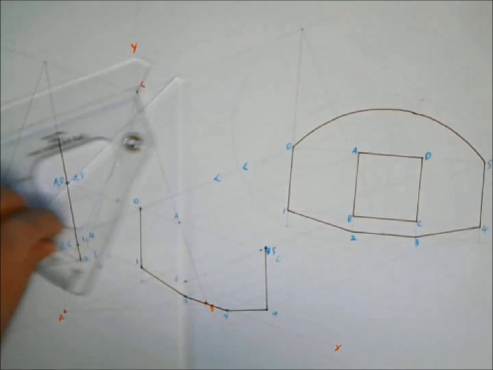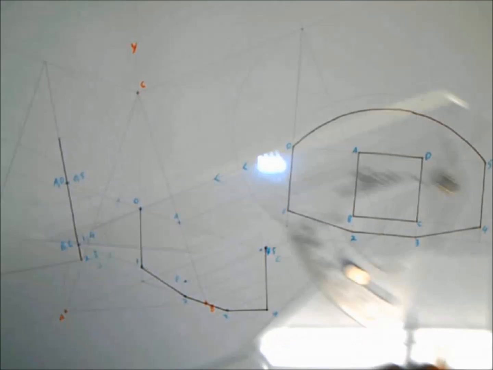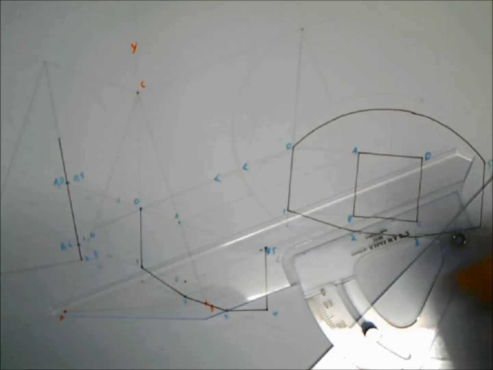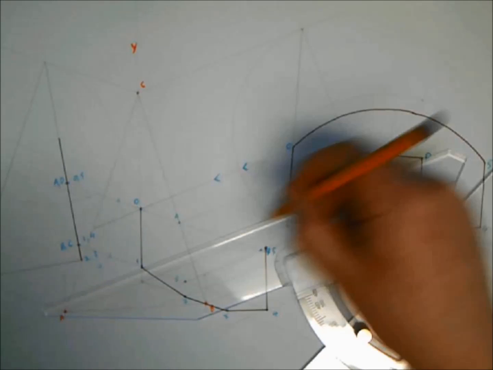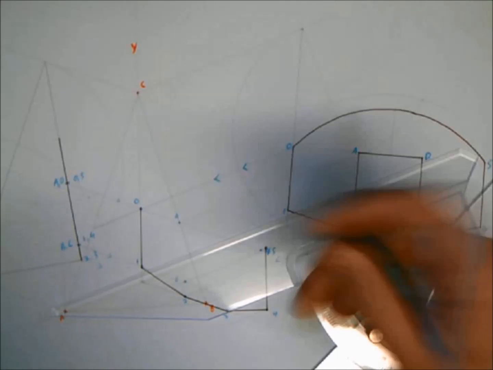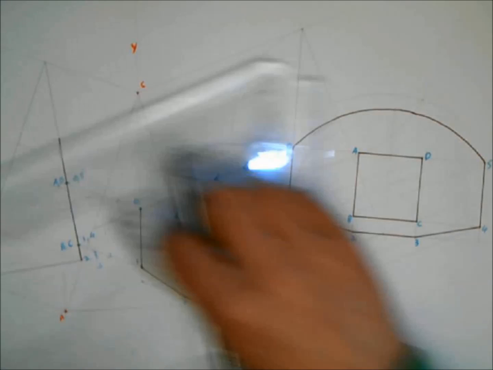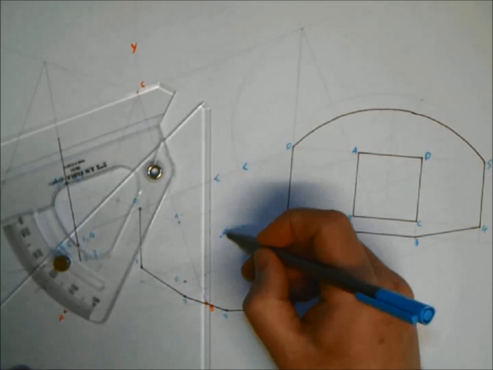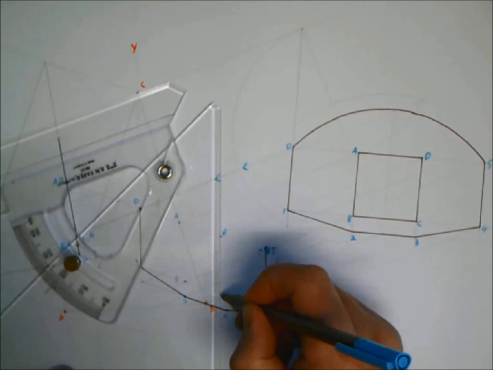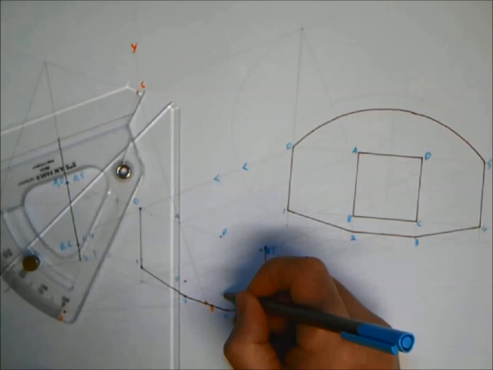Okay, so let's bring down D now as well. So this is D. They're going to be firstly straight down, so this will give you the height for C. And this is point B.